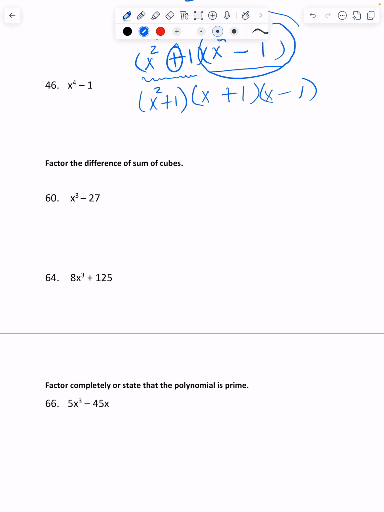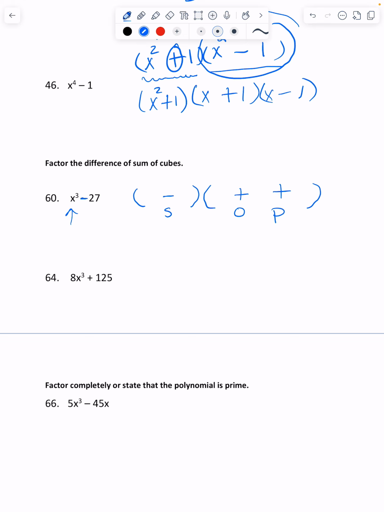So, to factor the cube problems, one binomial, one trinomial. My signs are same, opposite, positive. So the same sign that I have over here, negative. Opposite of that sign, so positive, positive. Same, opposite, positive. Then you complete the pattern.